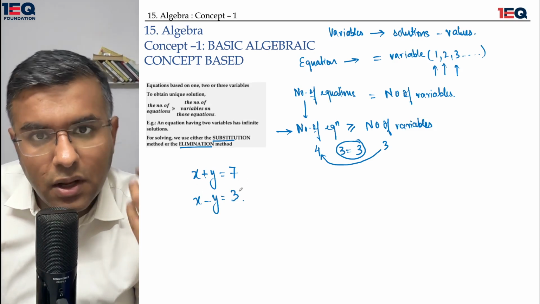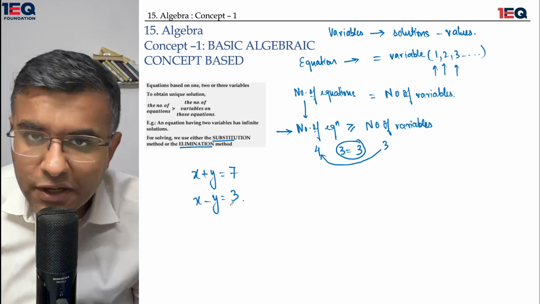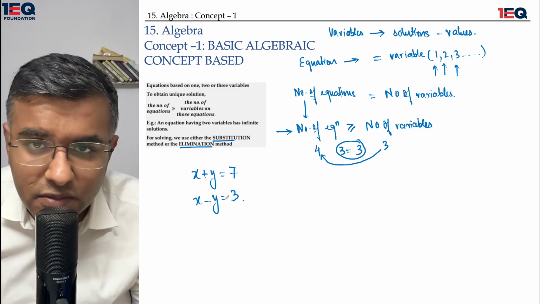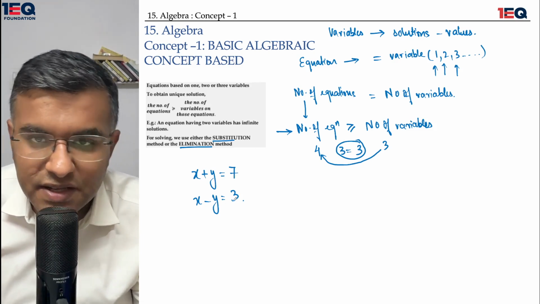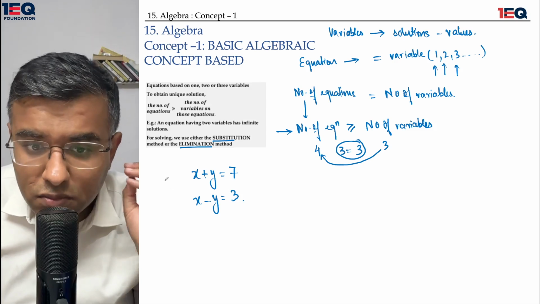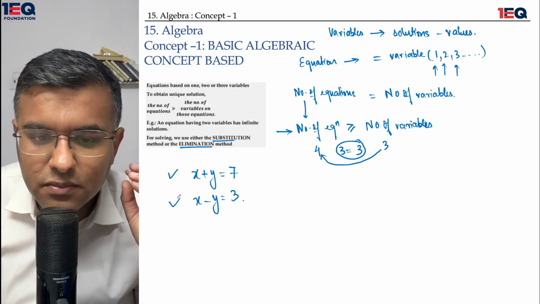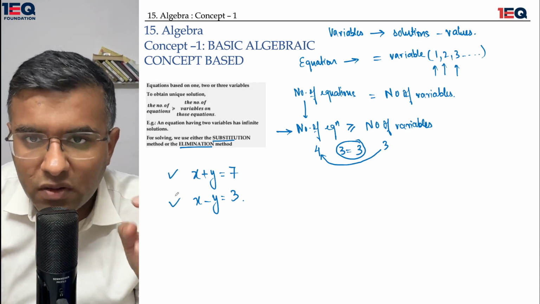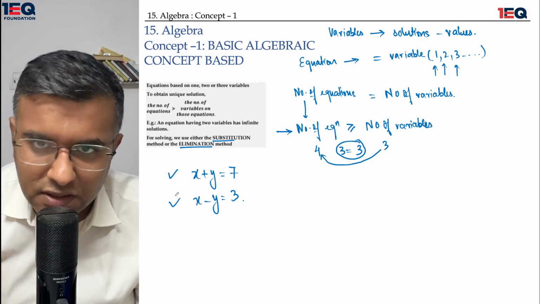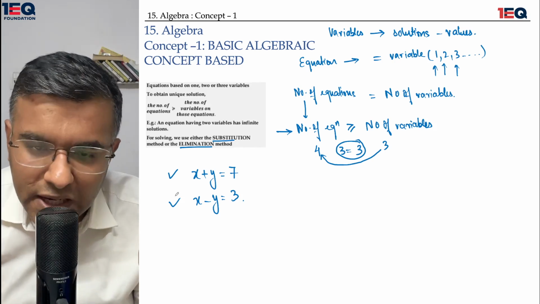I hope you will be able to quickly find out that the value of x here must be 5 and the value of y here must be 2. That is when 5 plus 2 is equal to 7 and 5 minus 2 is equal to 3. So you could do it verbally because it's pretty evident and the numbers which were involved were very small. Okay, 7 and 3. These are small numbers. It's easier to calculate them.